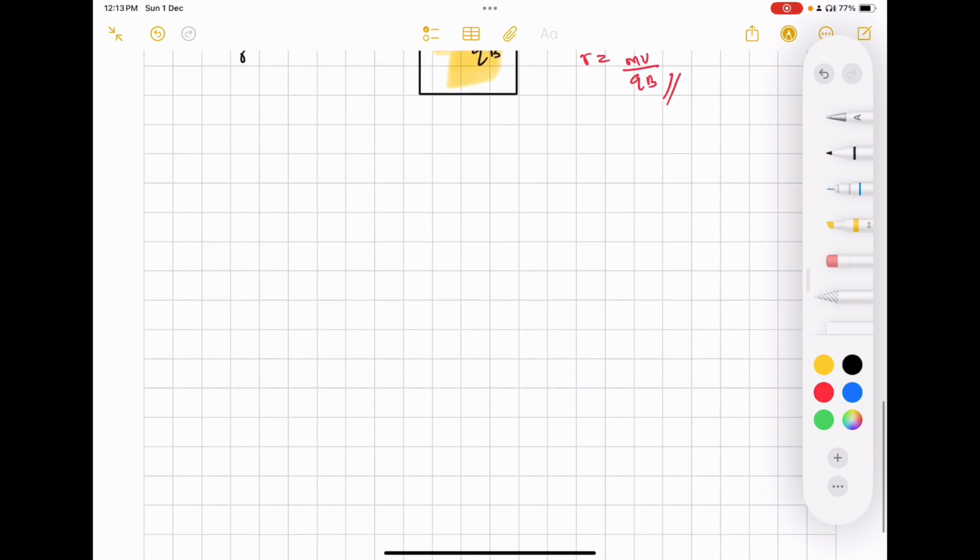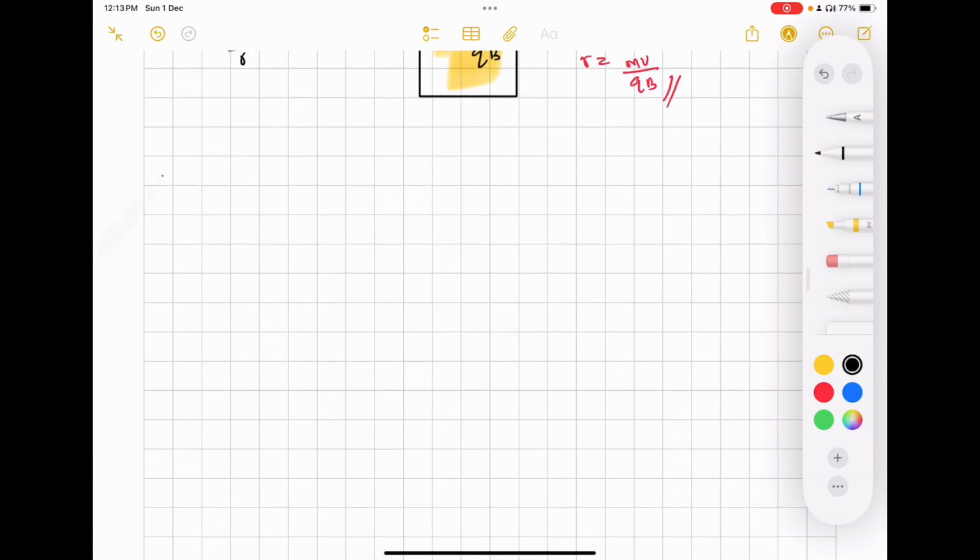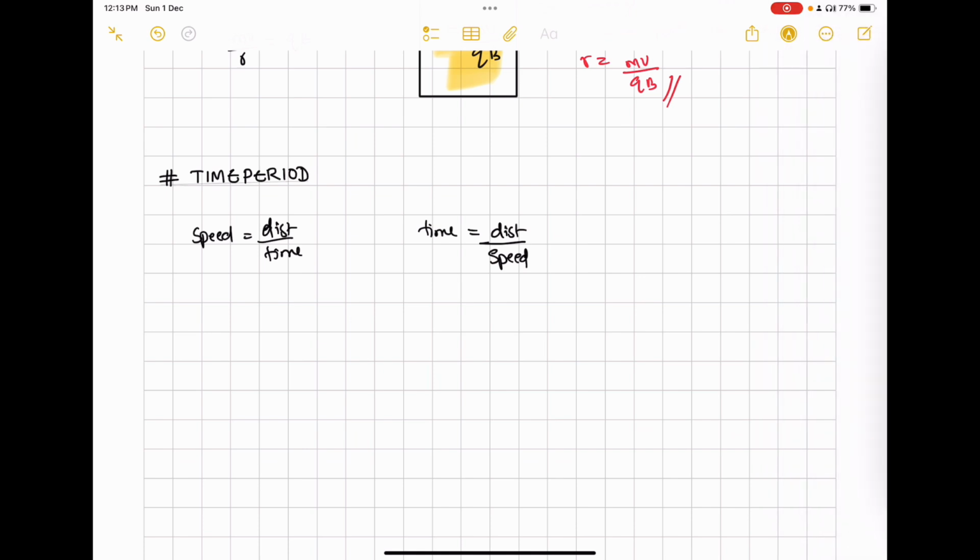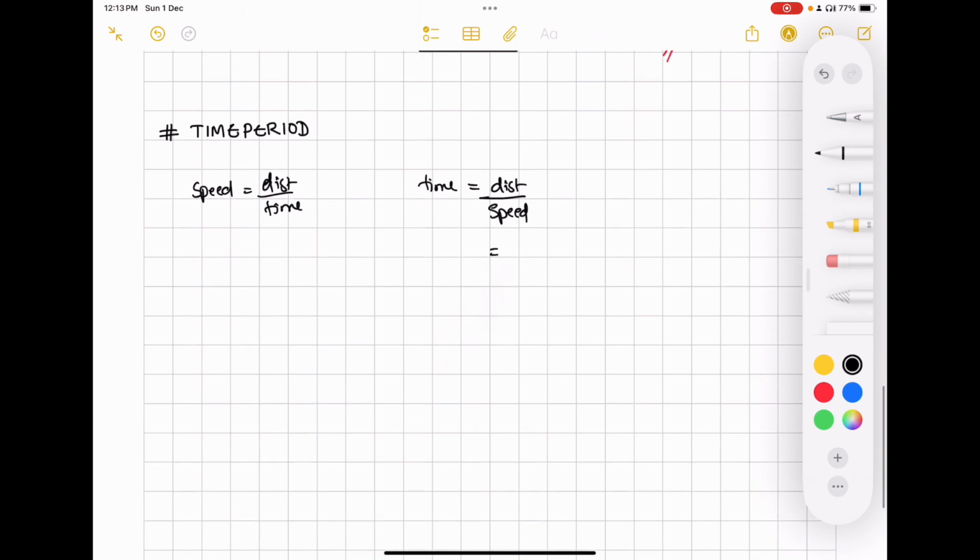Next we can find the time period of revolution of the charge. We have speed is equal to distance by time, so time is equal to distance by speed. For a circular path, the distance covered is 2 pi r, the circumference of the circle, and the speed is v.